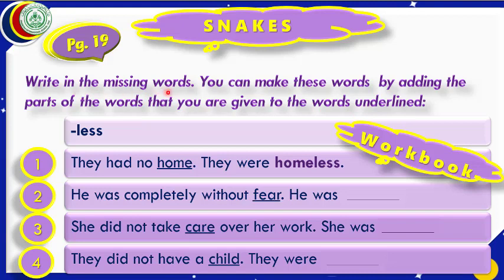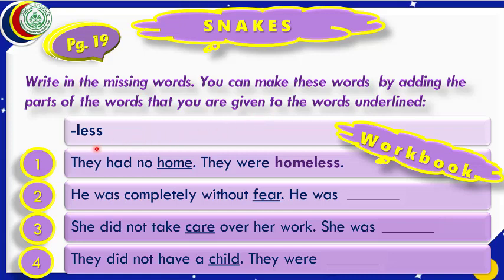Dear students, in each part one word is missing. We have to write the missing word. How shall we write? We are guided to write that also. You can make these words by adding the parts of the words that you are given to the words underlined.